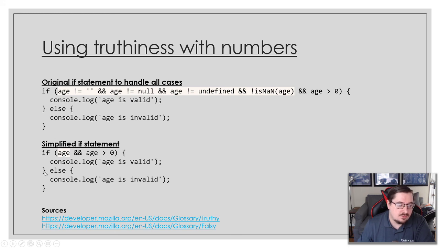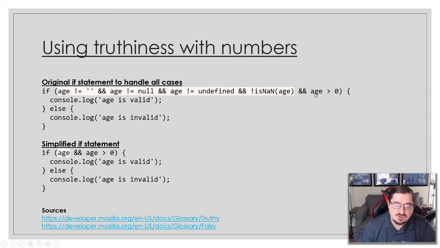So an easy way to simplify this, now knowing about this idea of truthy and falsy, I can actually just write it this way. I can say if they have an age, not comparing it with anything, just treating age as if it was a Boolean variable, and their age is greater than 0, well, then it's valid.